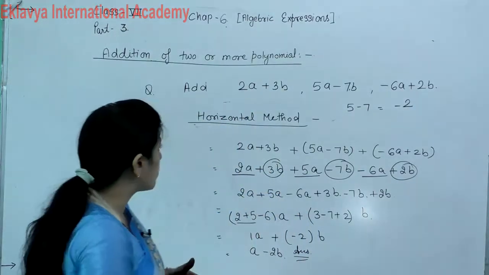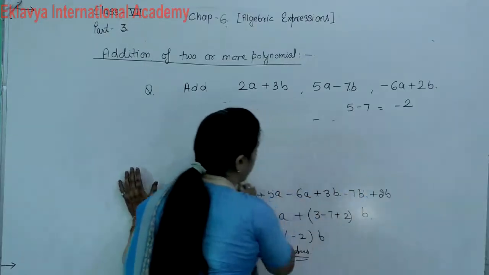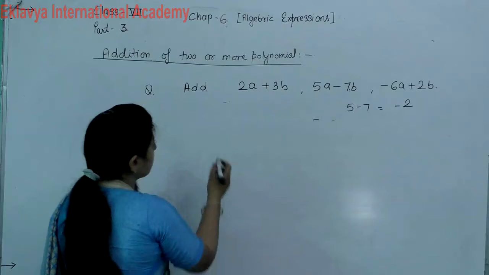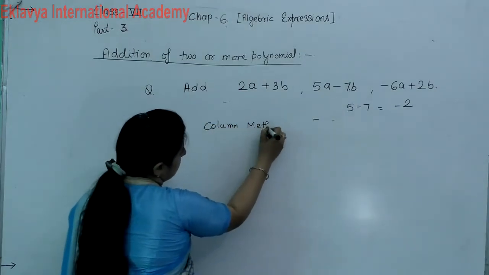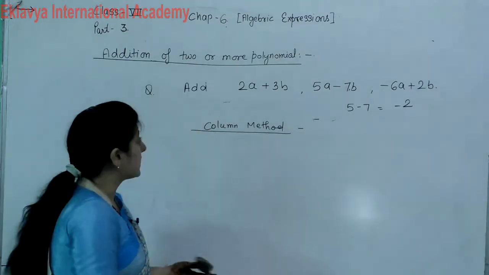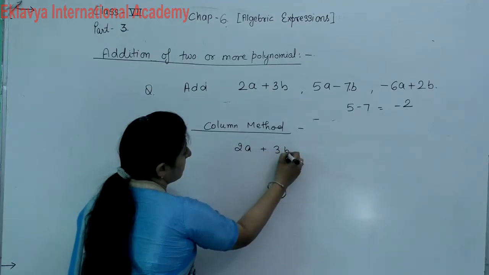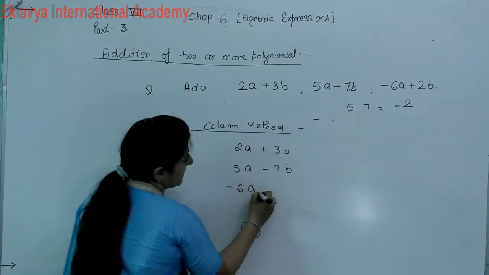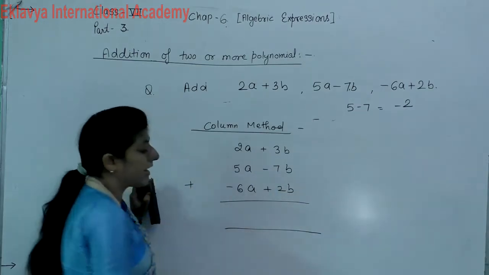Now on the same question we will apply the column method also. How to do the column method? In the column method we write down firstly 2a plus 3b, 5a minus 7b, minus 6a plus 2b. We will perform the addition.